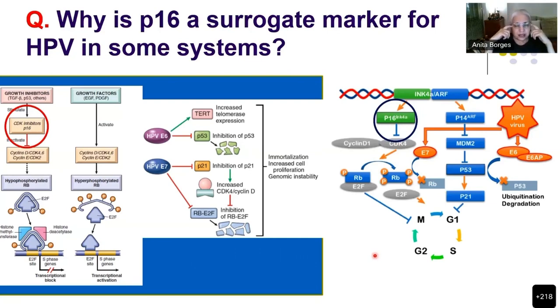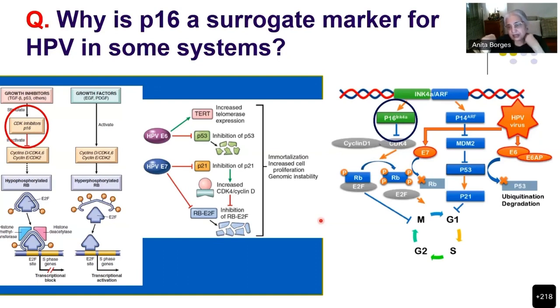Once it is integrated in the host cell genome, then it has its effects, particularly if it is a high-risk HPV. The high-risk HPVs have two genes, which code for proteins, and these proteins are known as E6 and E7. All genes have their effects through their proteins.